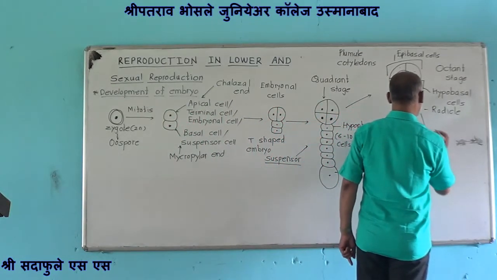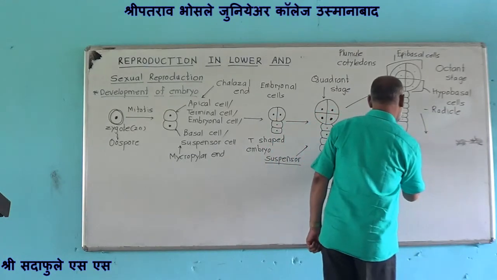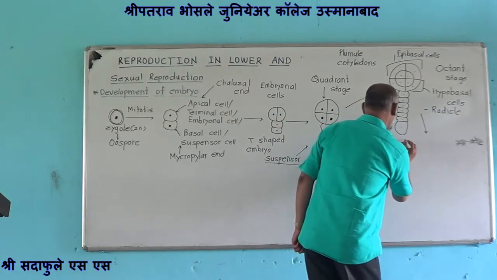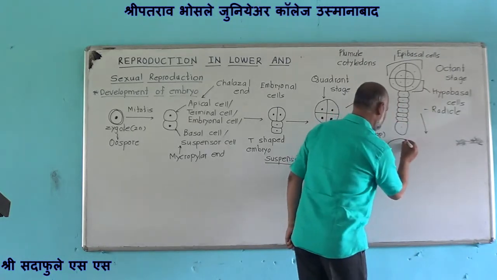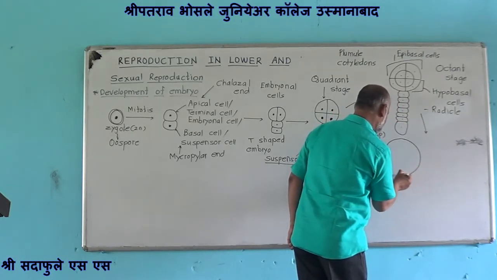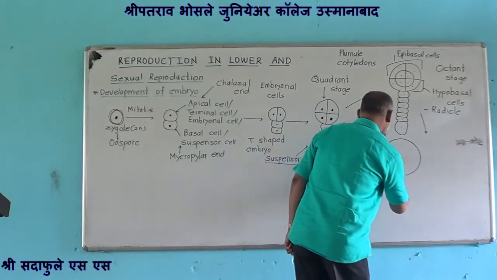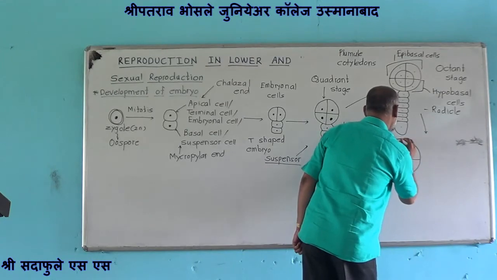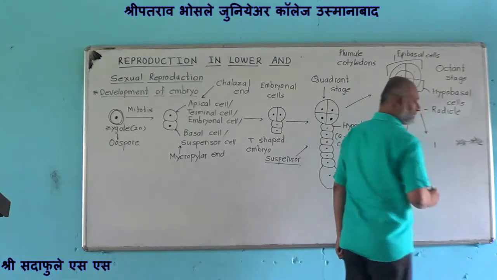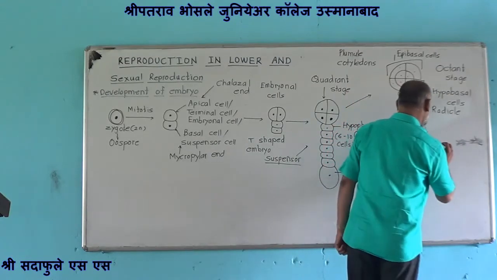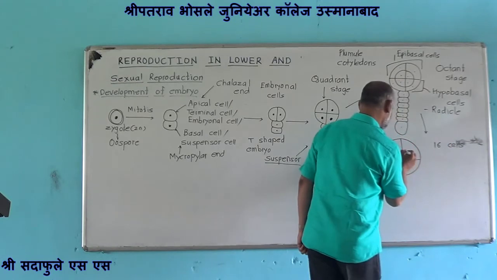undergoes development to form a structure like this. Okay. These 8 cells again divide by mitosis to form how many cells? How many cells will form? There is formation of 16 cells like this.